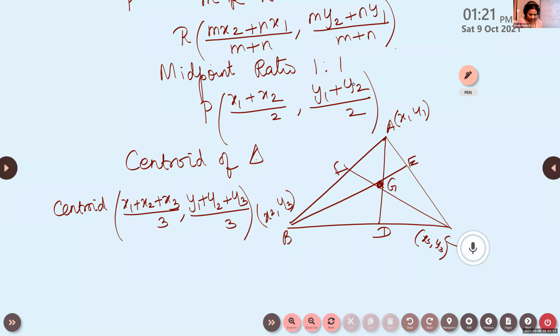Write the question. The next model of question which we are learning is important.